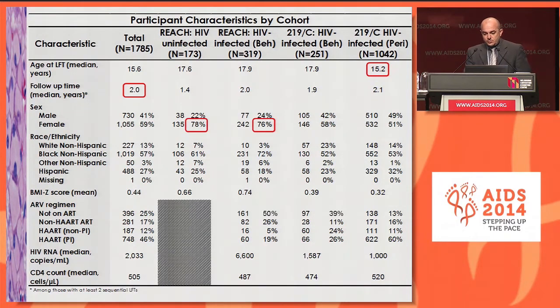There were proportionally more females in the REACH uninfected and behaviorally infected cohorts, who were also on the heavier side, as you will note there. And notably, the perinatals in 219C had a larger proportion, 60%, who were on a PI-based HAART regimen, which is reflected in their better HIV RNA and T cell counts.